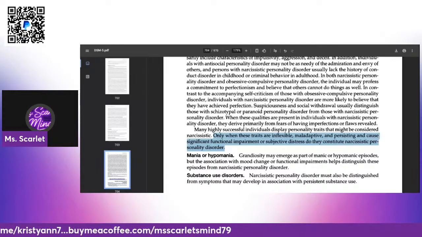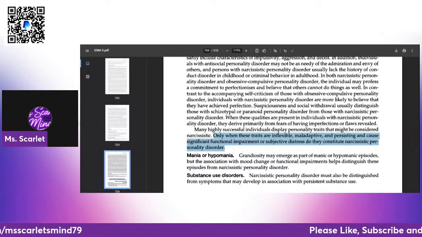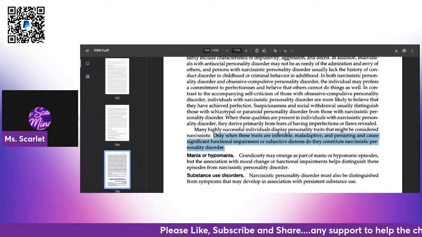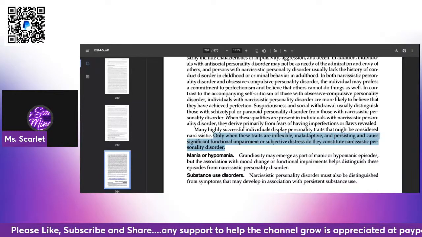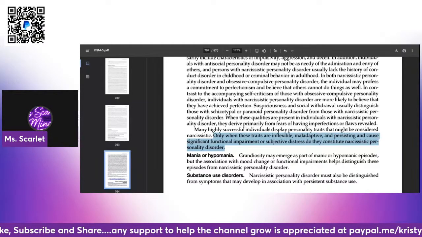Their personality changes, not their overall personality, but almost their mood, or by their surroundings. So in a certain environment, someone may display a lot of these, but in other environments, they may not.